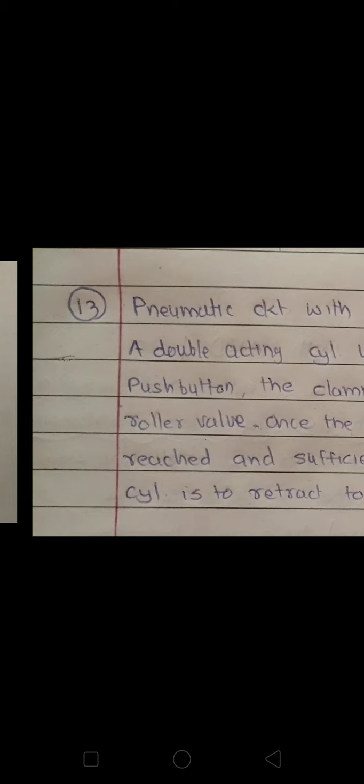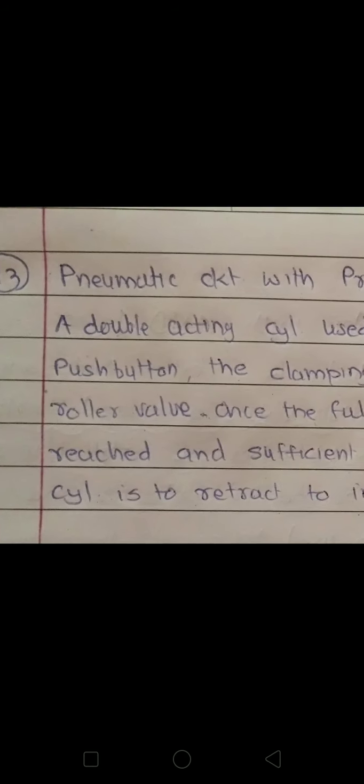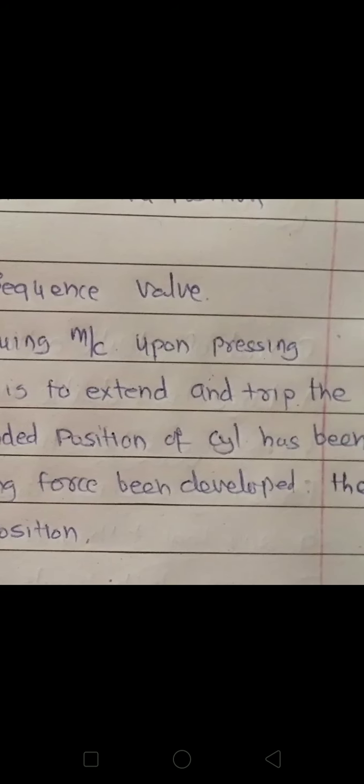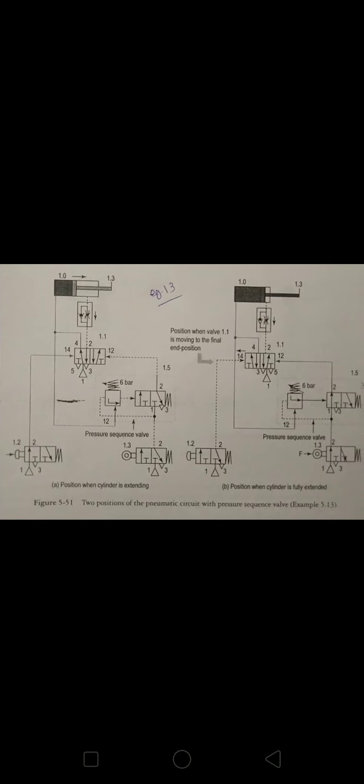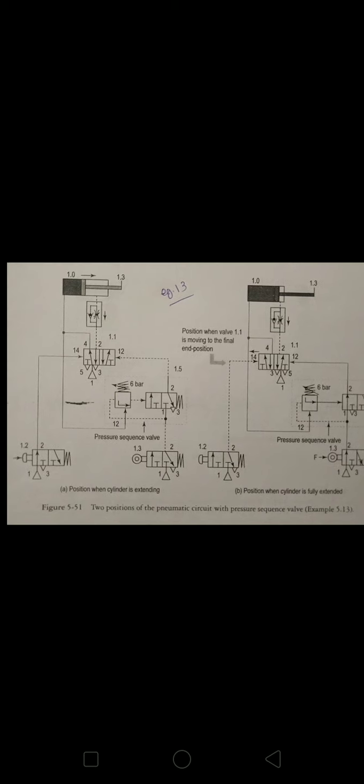Once the fully extended position of the cylinder has been reached and sufficient clamping force has been developed, the cylinder is to retract to the initial position. OK, in the earlier one, after 5 seconds it should retract, whereas here, whenever you are getting sufficient pressure, it should retract.